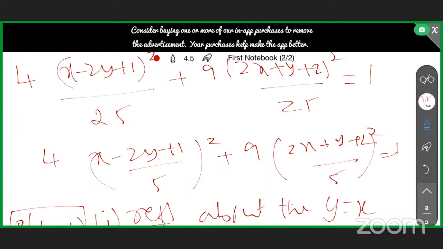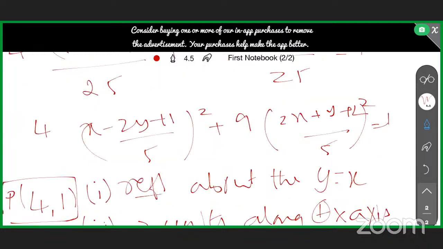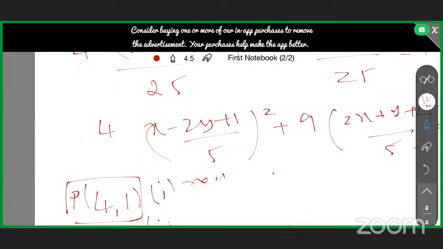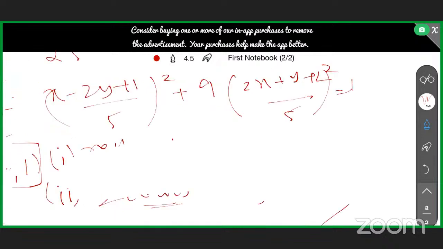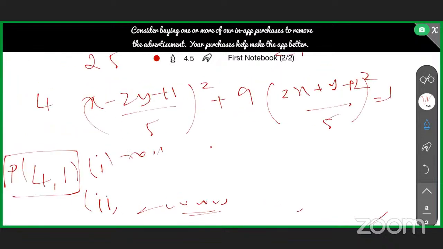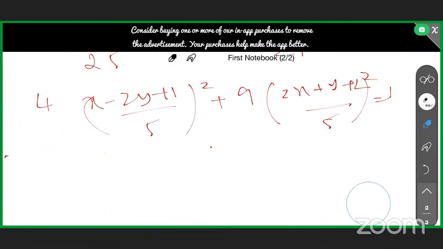So therefore, now we have to simplify this equation. They are already given in the question that x - 2y + 1 and 2x + y + 2 are the new axes of my new coordinate system.